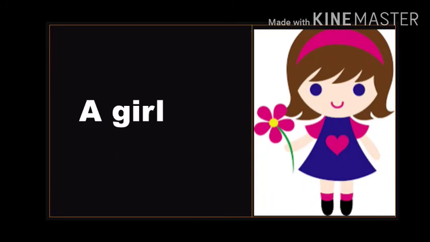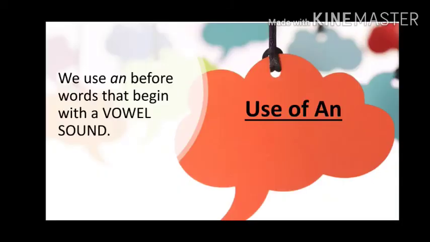So, here you see students the words doctor, cat, cake, rose, girl. These words begin with a consonant sound. So, we use a before the word which begins with a consonant sound.